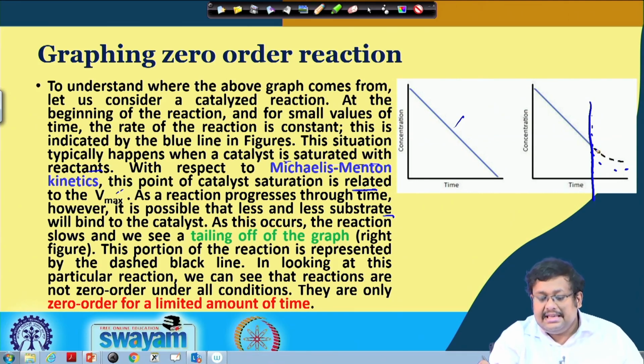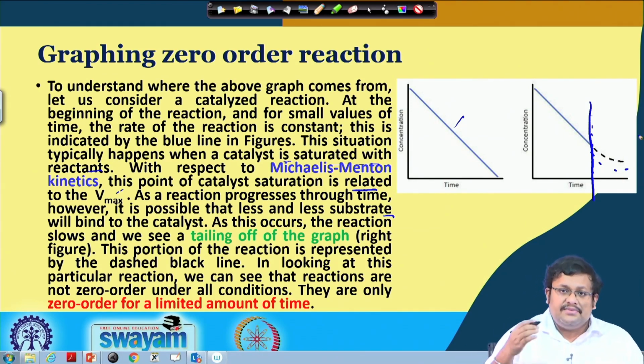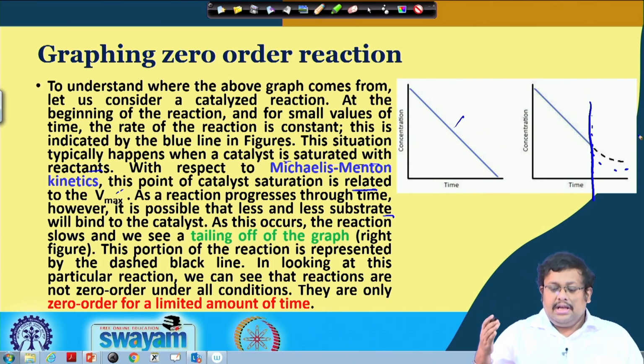Here you can see the tailing of the graph has started. That is why the zero order reaction is a very transient one, applicable for a very short window of time.